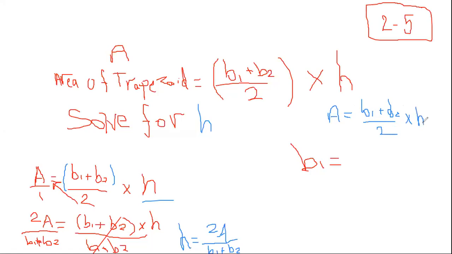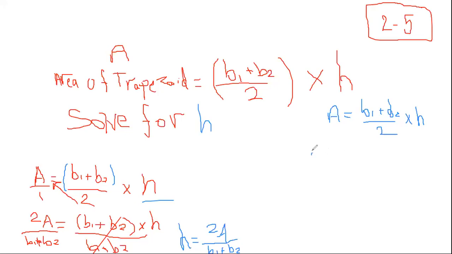Now I want to remove the 2. Then I'm going to multiply both sides by 2. It's up to you which way you prefer. I'm working step by step.